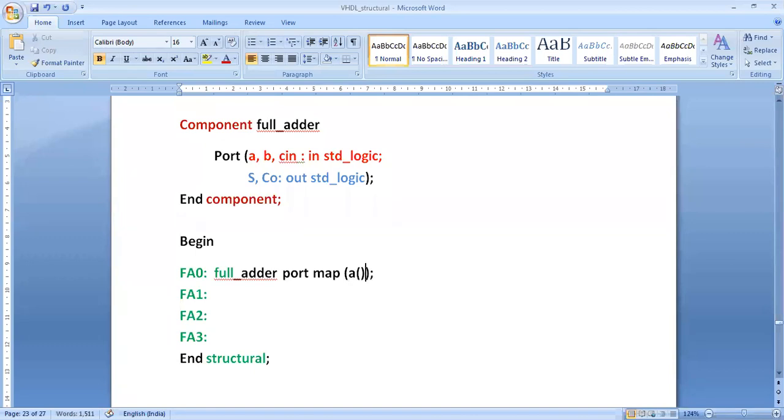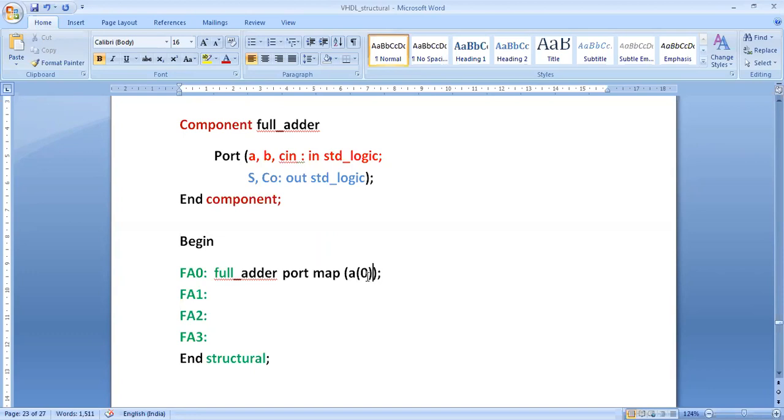A of 0. Why is it A of 0? In the circuit, the inputs are A naught and B naught. Since it is a bus, a vector, we have to take the separate input signal alone, because out of the 4 input signals, we wanted to use only A of 0, not the others.